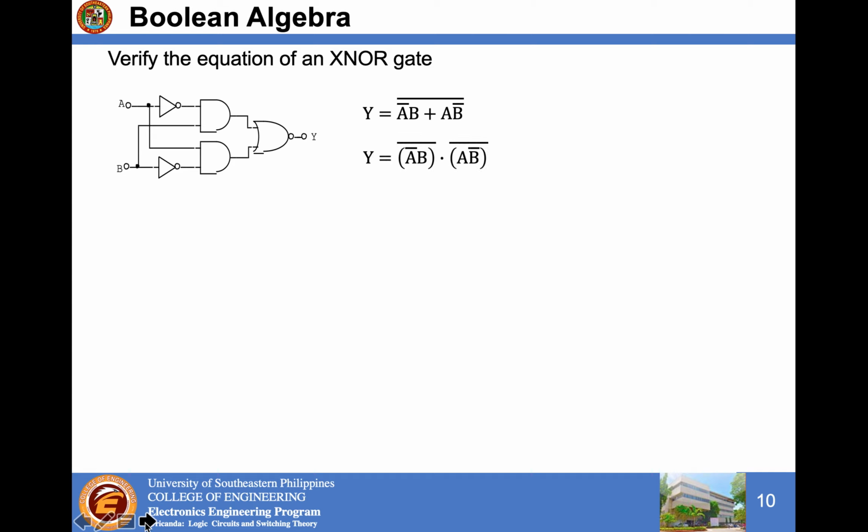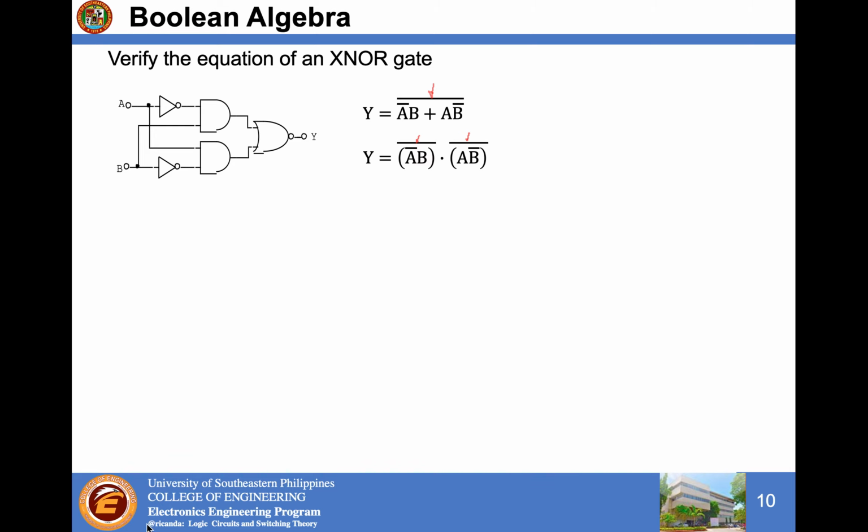So we have to use De Morgan's. We have to break this bar. So we now have A bar NOR B and A NOR B bar. Then again, we have to break this between the variables.